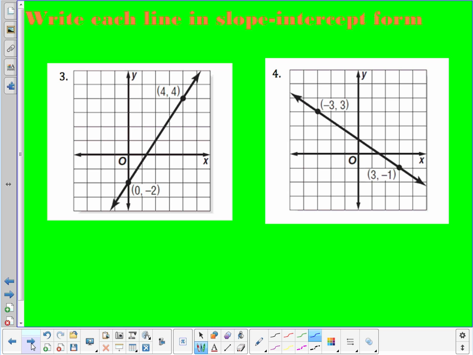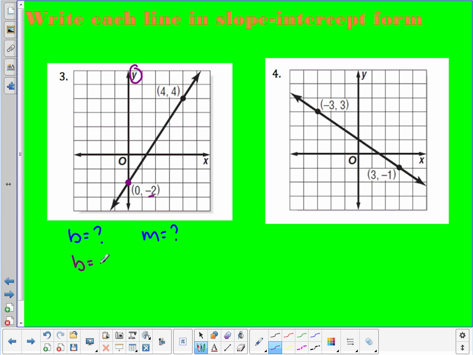Now if we look at numbers 3 and 4, we're looking at a graph. So I need to figure out the slope and the y-intercept. The y-intercept is usually pretty easy. We just need to find where the graph crosses the y-axis. Here's my y-axis. Here's where the graph crosses, because that's my line, and that happens to be at -2.